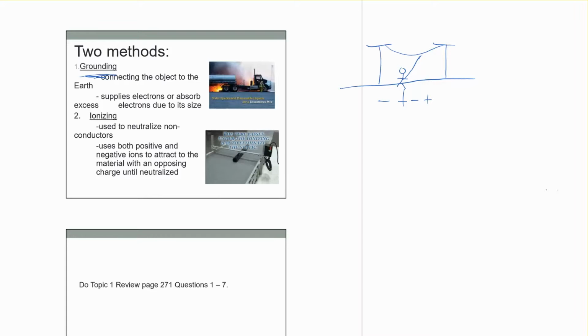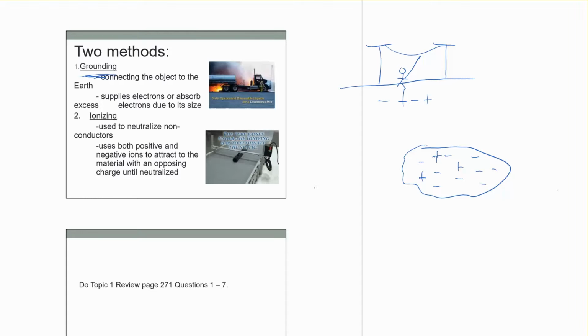Now the other one, ionizing. A good example of this, I just thought of it now: clouds. Let's say again we've got too many electrons, a whole bunch more than protons. Have you guys ever heard of something called seeding, when they fly through with a plane and seed the clouds?